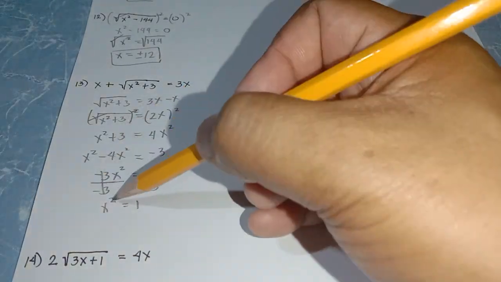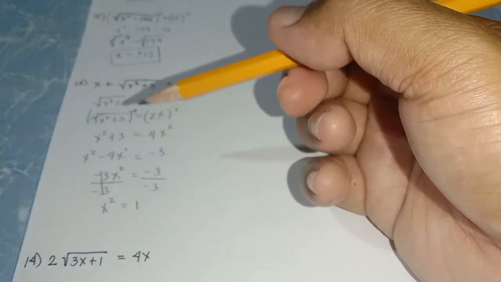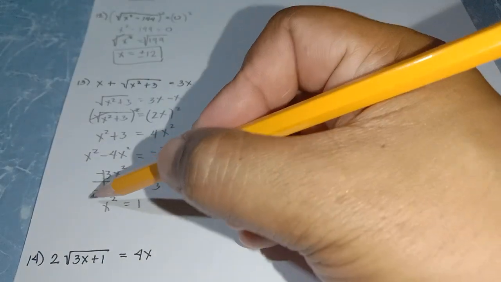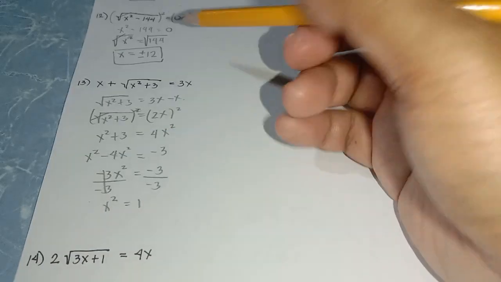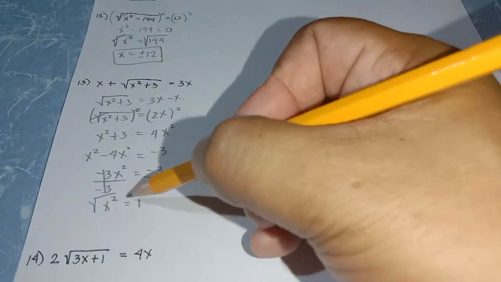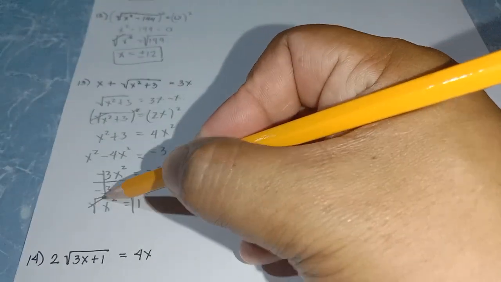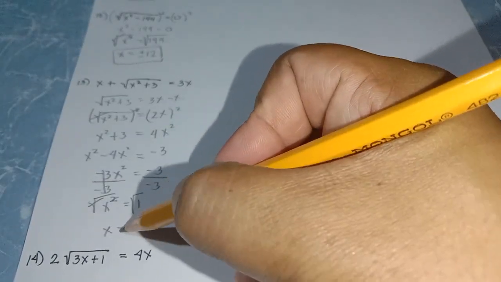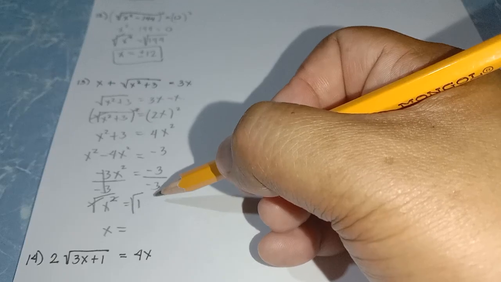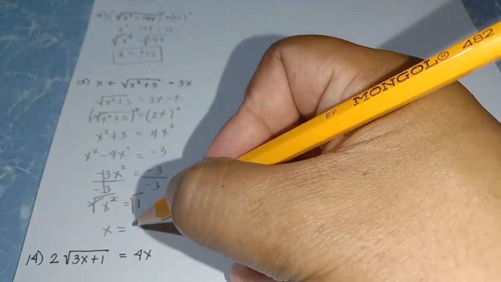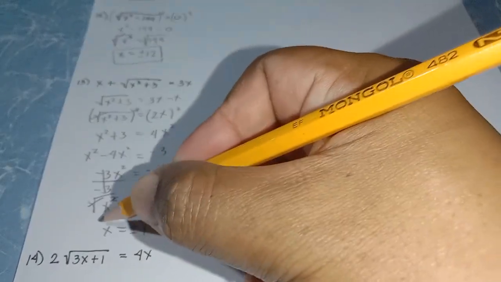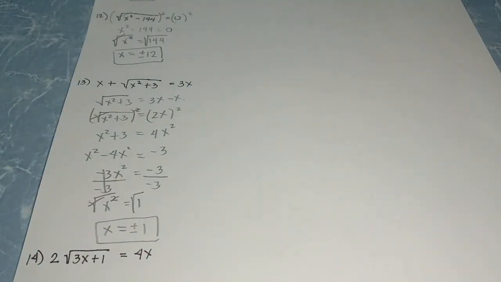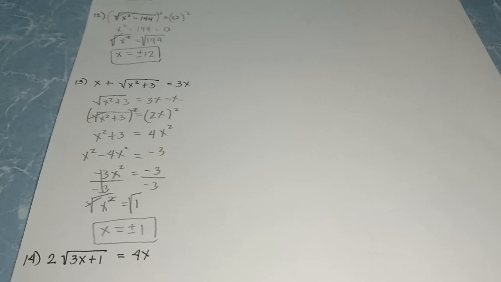Bakit? Kasi mayroon siyang, anong tawag dito? Power, may exponent pa. So, kung ano yung ginawa natin sa number 12, ganun-ganun din yun. So, take the square root of both sides. Cancel radical, cancel exponent. So, again, dalawa yung magiging sagot natin. X is equal to, 1 is a perfect squared number, positive and negative 1. Okay. So, yun yung number 13.